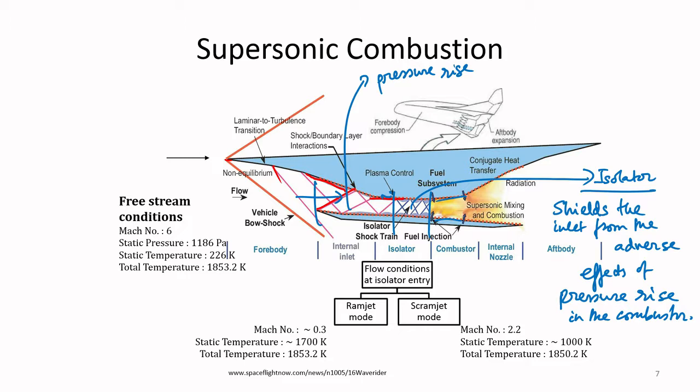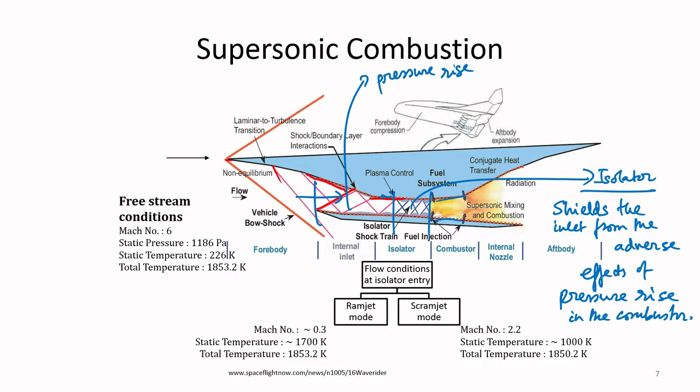before that you also add fuel and allow the fuel to mix, and then the fuel can get burnt, and then increase the stagnation enthalpy of the flow, and then this very high stagnation enthalpy flow can be accelerated further in this divergent nozzle to generate large thrust.